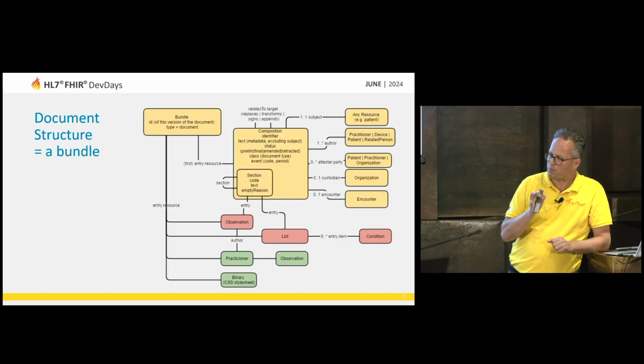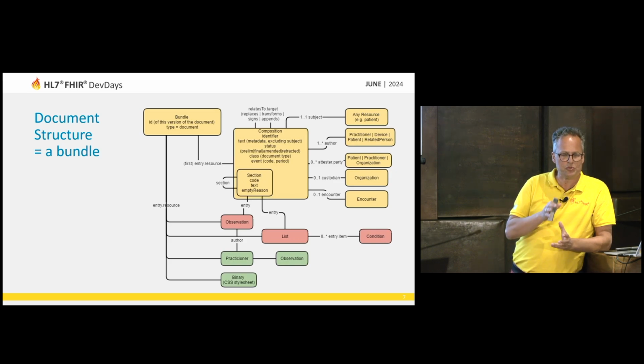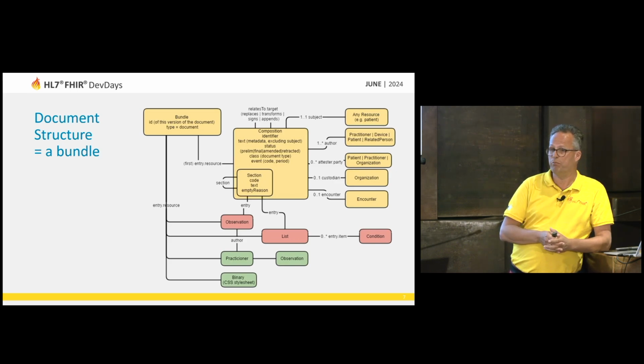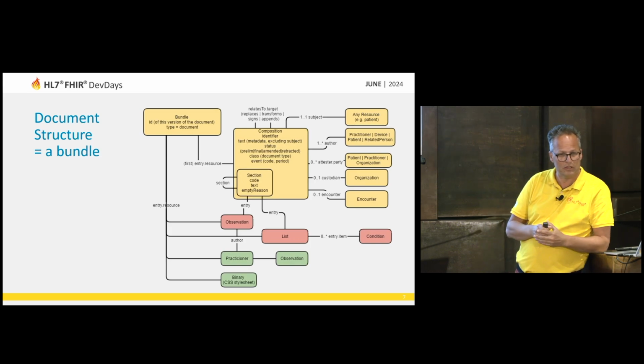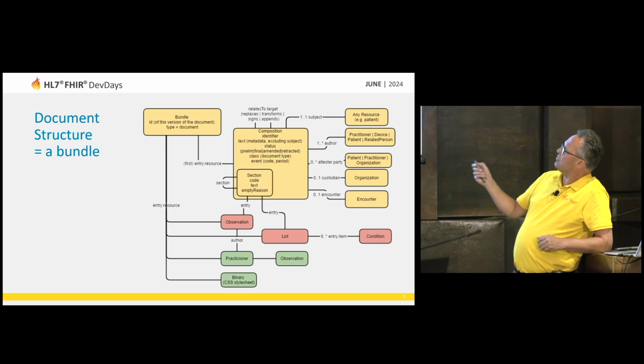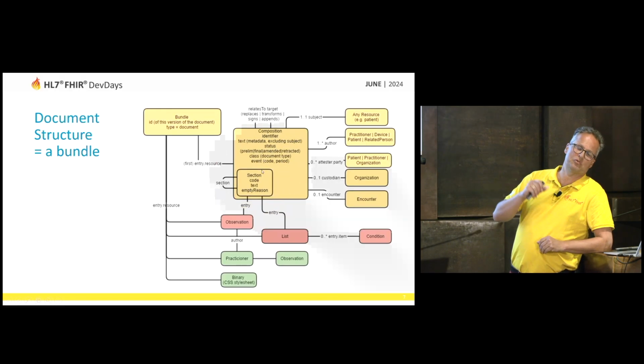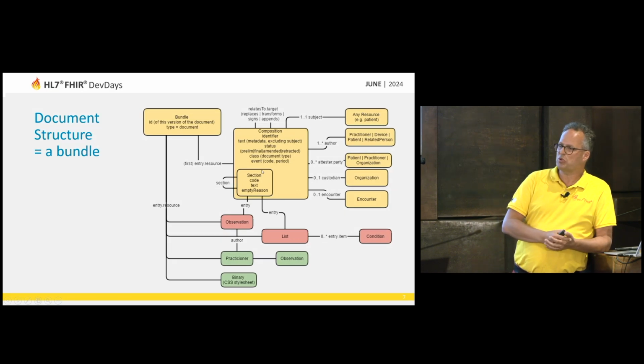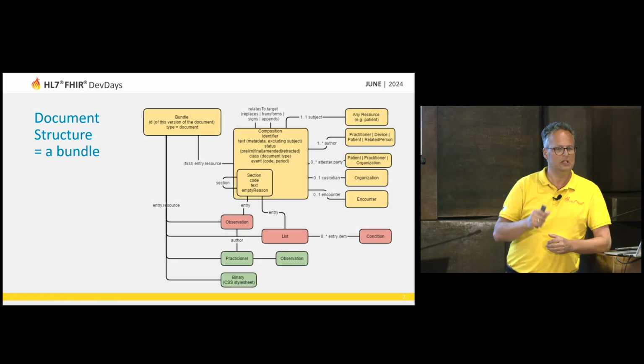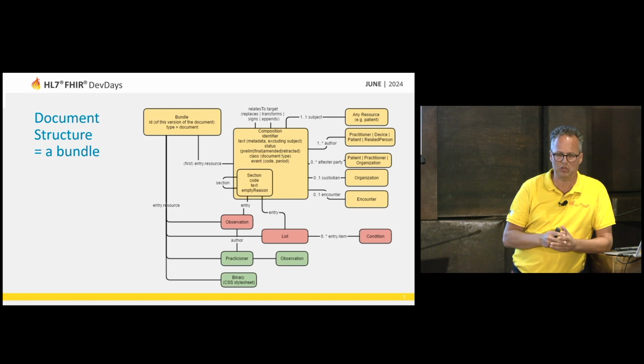Now, from a FHIR perspective, how do you structure a document? It's a bundle. You know about bundles, right? Bundles are collections of individual FHIR resources. And the key resource here, besides the bundle that contains all of these resources, is the composition resource. The composition resource is something like the CDA header. It contains the metadata for the document.